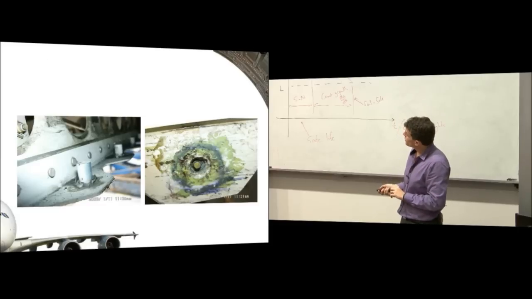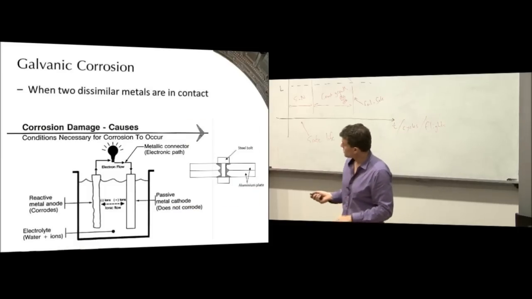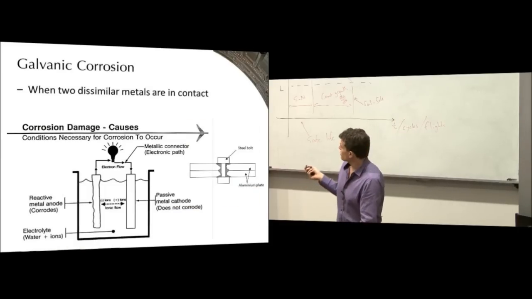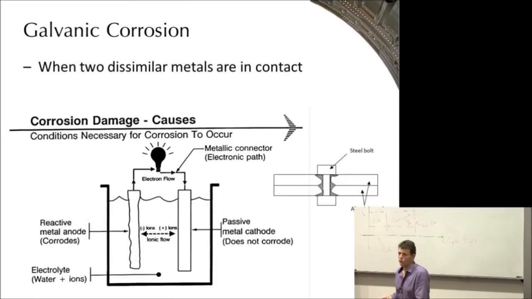Now, galvanic corrosion is selective, but it's also electrochemical. So this is the other type of corrosion that I was introducing at the start. It only occurs in cases where you've got two dissimilar metals or two dissimilar atomic species. Now, one of those will have a higher or lower electrode potential than the other.